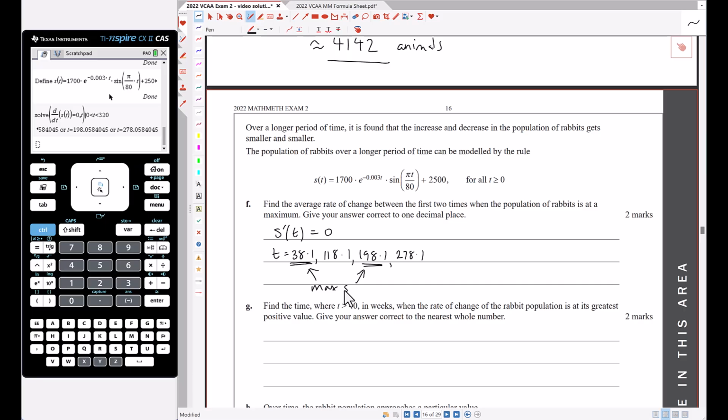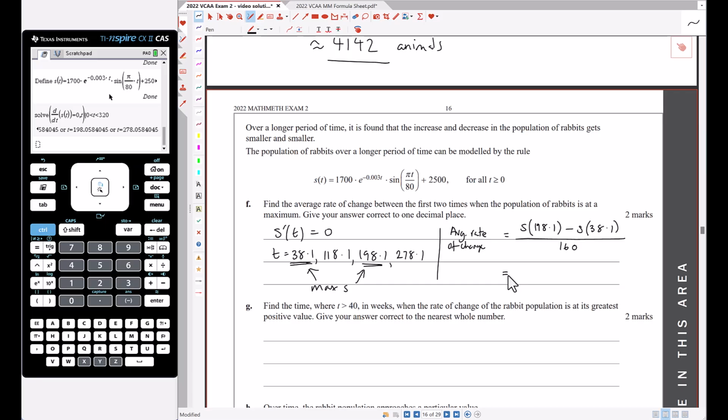Okay, so then we need the average rate of change. So that is going to be S at 198.1 minus S at 38.1 over 198.1 minus 38.1, which should be 160 because that's the period. The distance between maximums is the period.